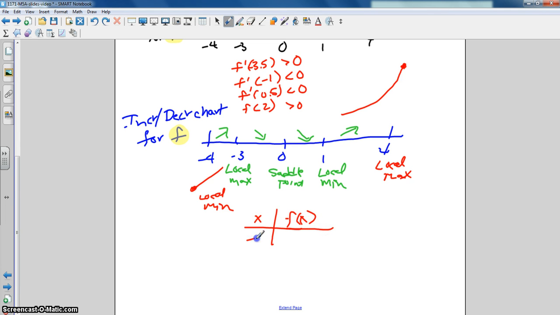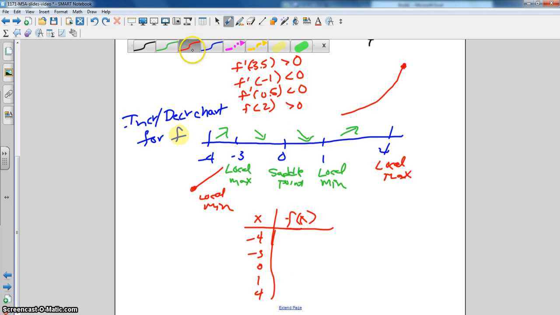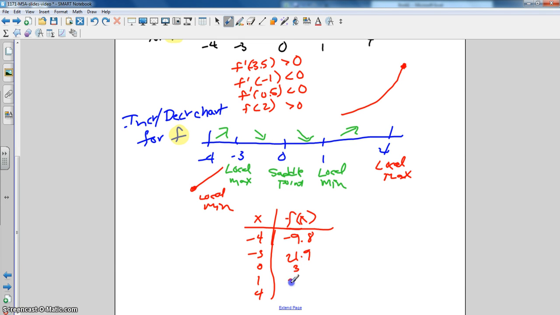On here go all my critical points and endpoints: -4, -3, 0, 1, 4, and I put these into the function. I went ahead and did this before. The function values I obtained were -9.8, 21.9, 3, 2.7, and 271.8.